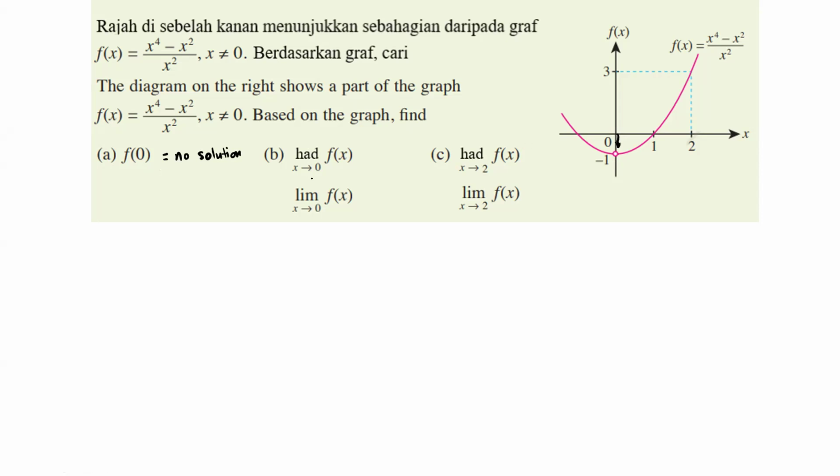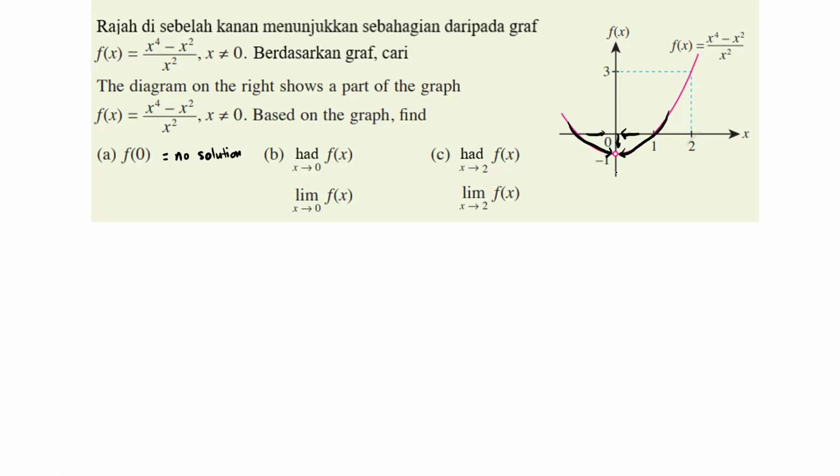Now, but the moment I change the question, what is the value of f(x) as x approaches 0? X approaches 0 means we're going this way, going this way. So according to the graph, we're sliding down towards here, sliding down towards here. And both sides will eventually meet y equals -1, correct?